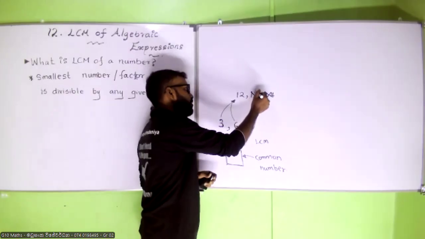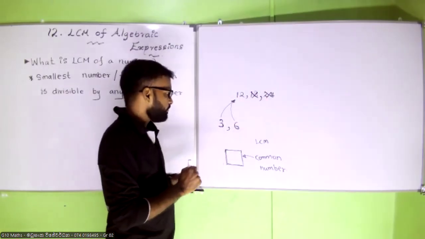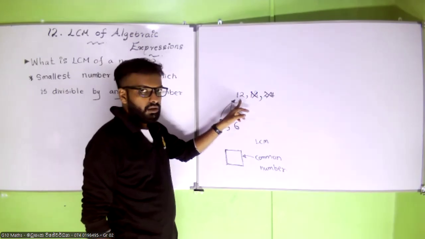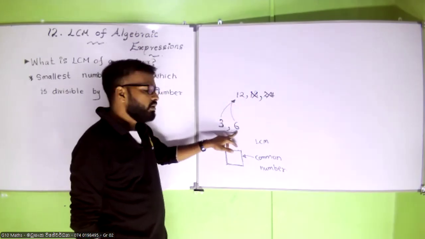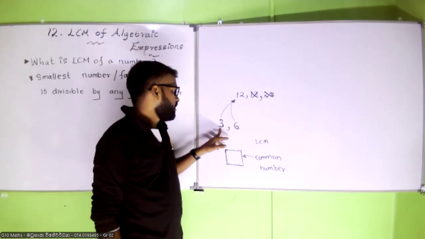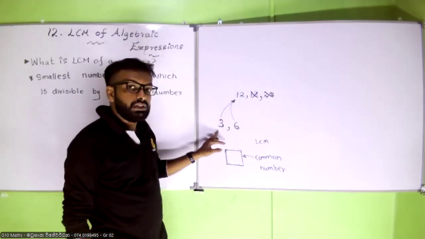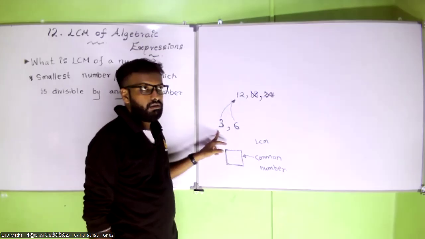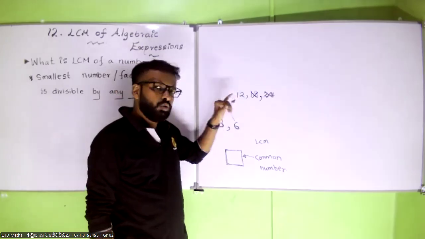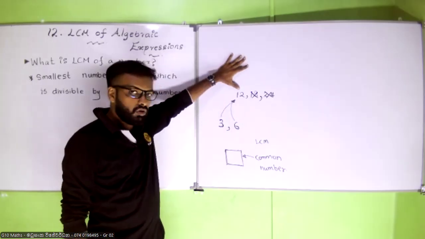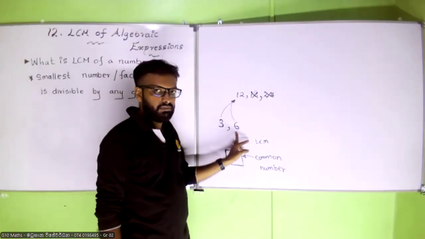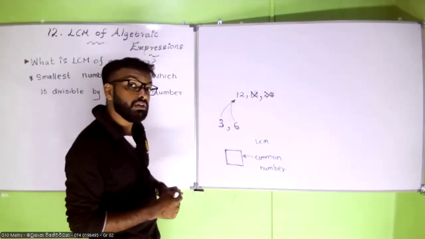Then we are going to consider 12. It can be divided by 6, and 12 can be divided by 3 as well. Now we have a question: is 12 the least common multiple for 3 and 6?